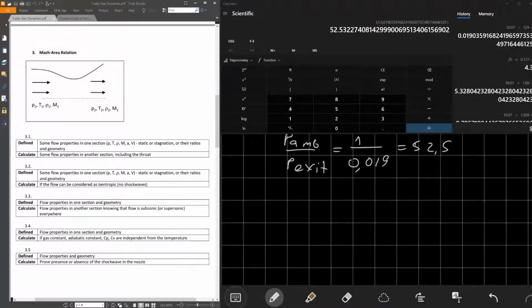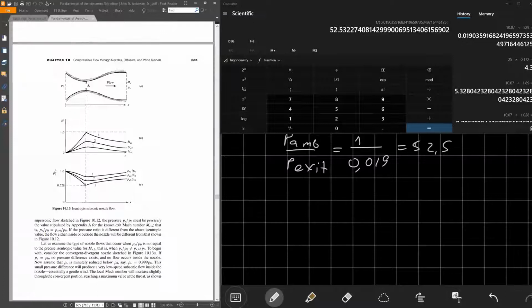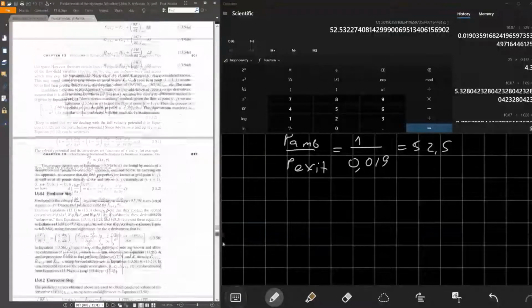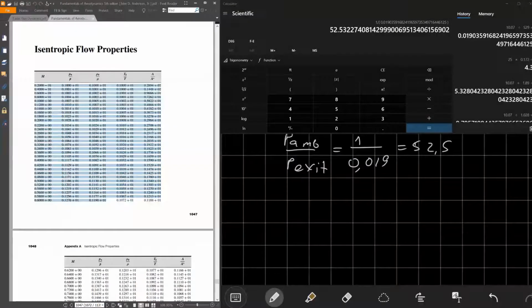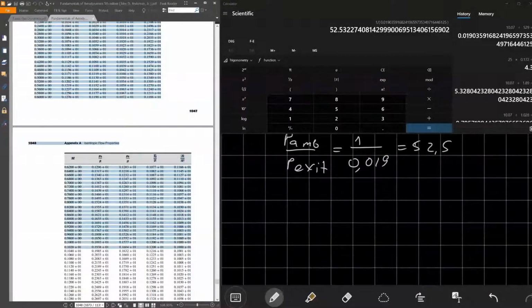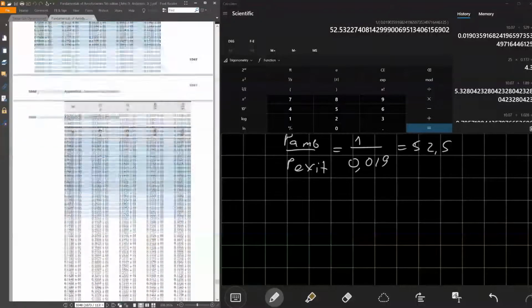So if we know that the flow is subsonic, we are using only the first part of Appendix A corresponding to subsonic solutions. This part right here, starting from here and until here. If we know the flow is subsonic, if you are asked to solve subsonic flow, no matter where it happens, on the left or on the right side of the nozzle, you use this part of the appendix.